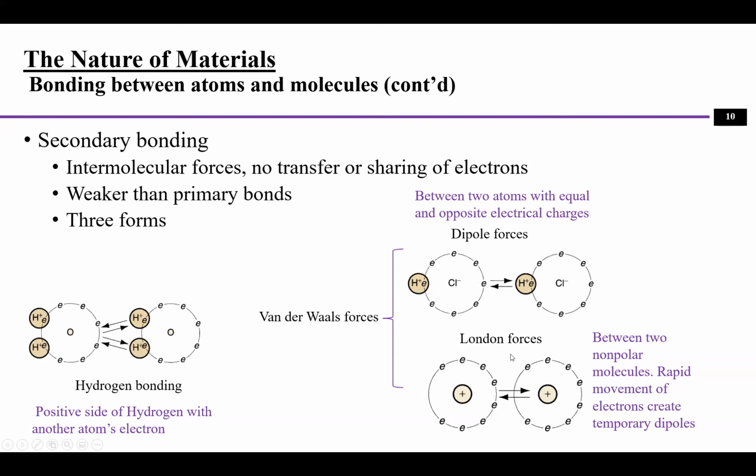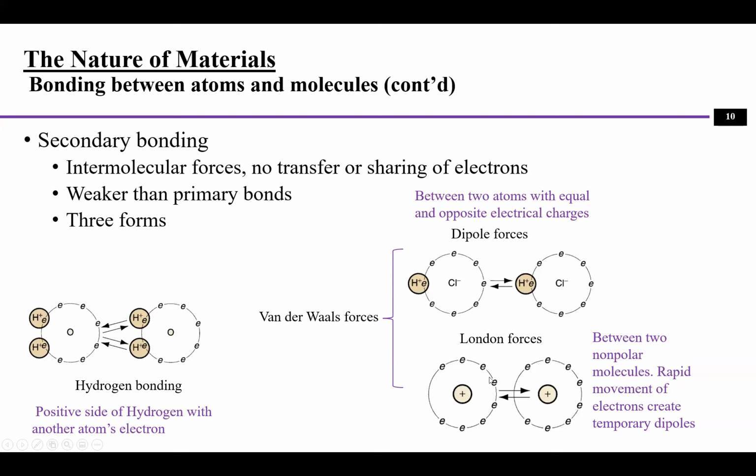And also we have London forces. London forces are between two molecules. Typically that's because of the movement of the electrons. Because the electrons are moving at a really fast speed, sometimes you will see a lot of electrons of one atom or molecule forming at one side, while at the other side there are not a lot of electrons.